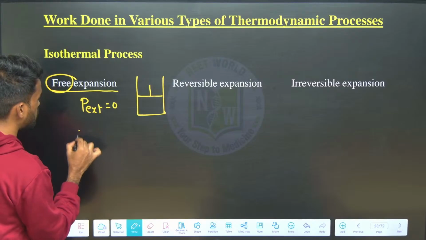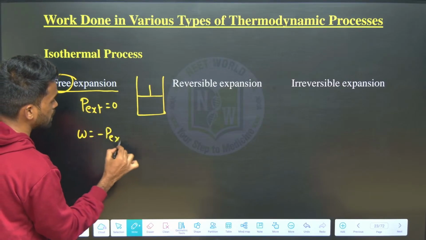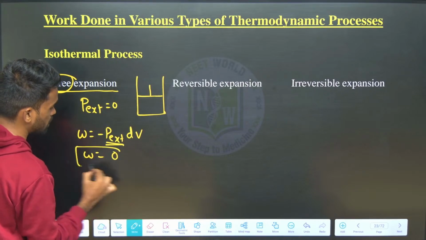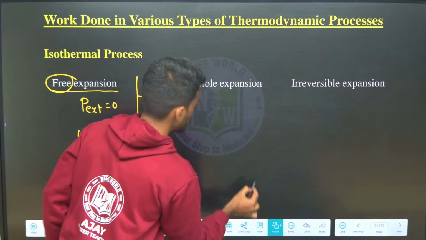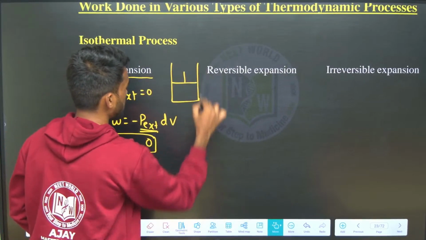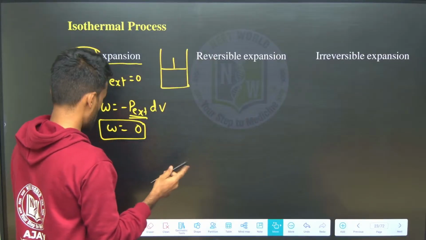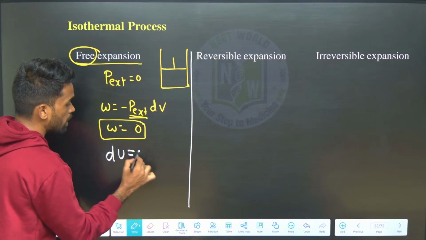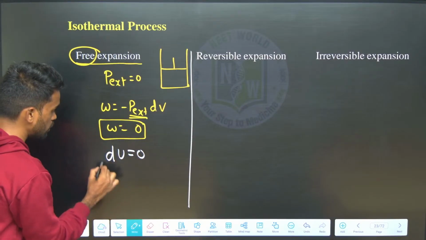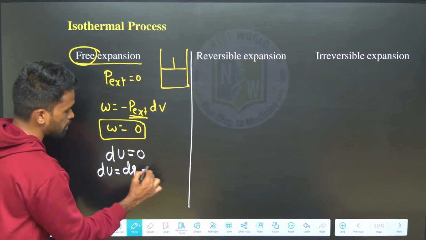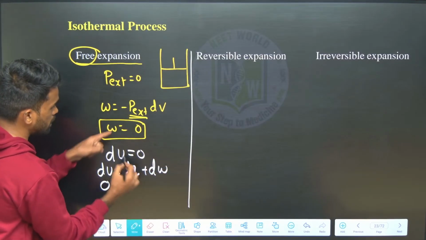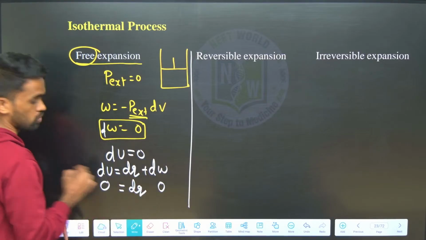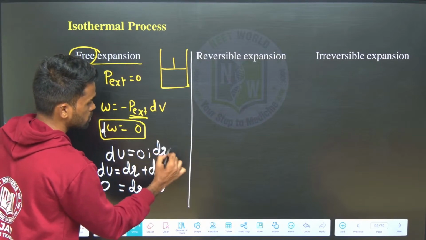Then in our work done formula, minus P external dV, this value will be 0, so work done will also be 0. Now in this isothermal free expansion, what happens to dU? dU is 0 for isothermal. Then dU equals dQ plus dW, as I told you. This is 0, dW you got 0, so dQ will also be 0. Remember, dQ is also 0.